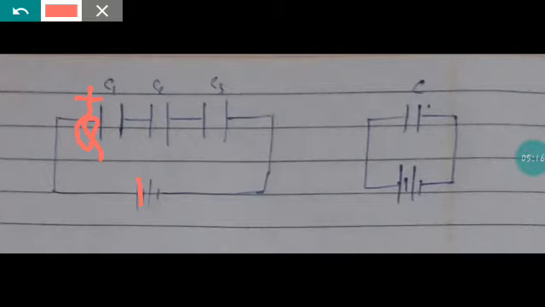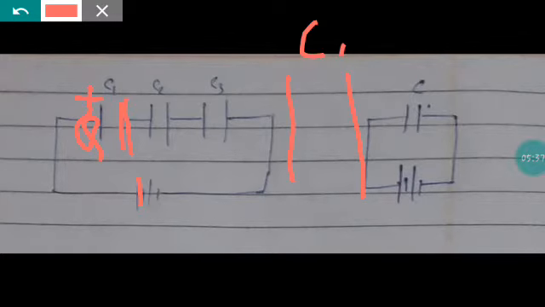Okay. Now this plus Q will induce a negative charge on one face of the second plate of capacitor C1. So suppose we have made this C1.